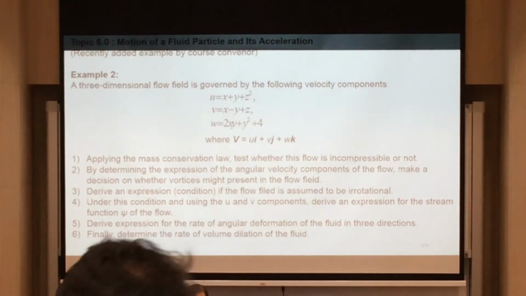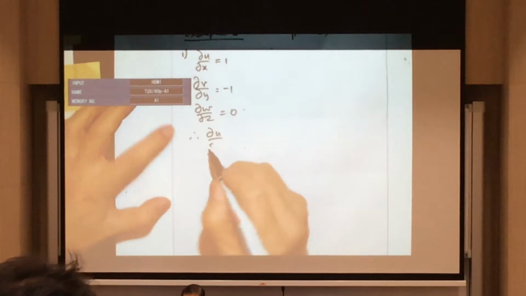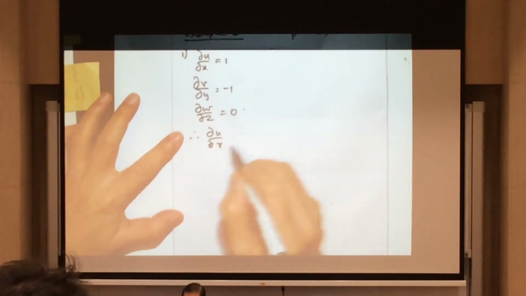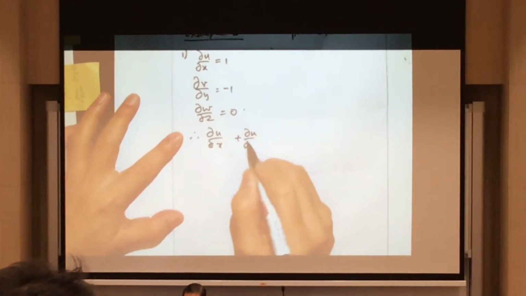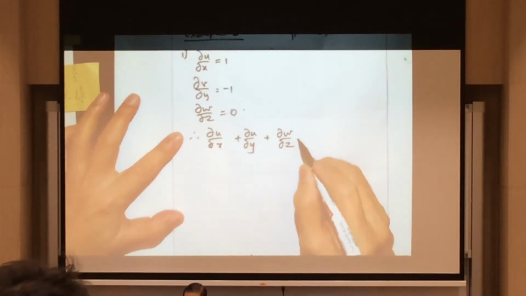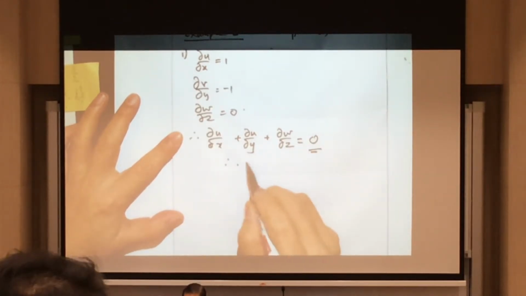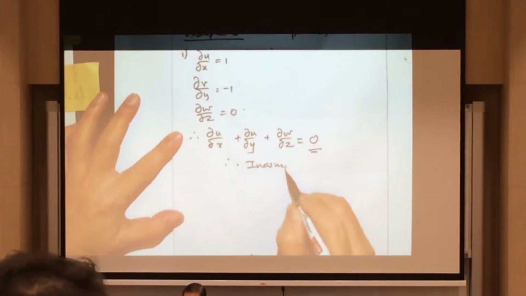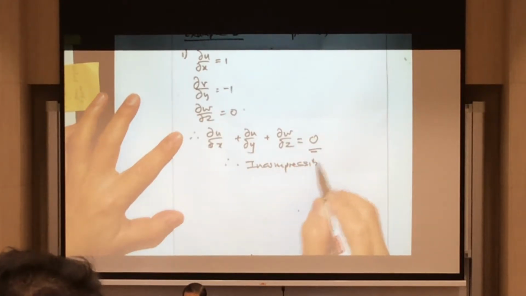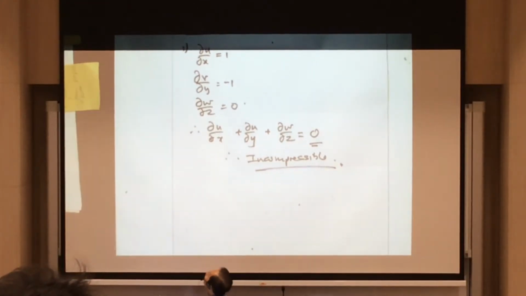So therefore del u del x plus del v del y plus del w del z is equal to 0. So therefore, the flow is incompressible. That's one.